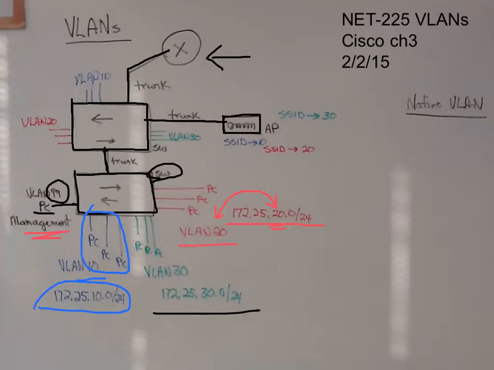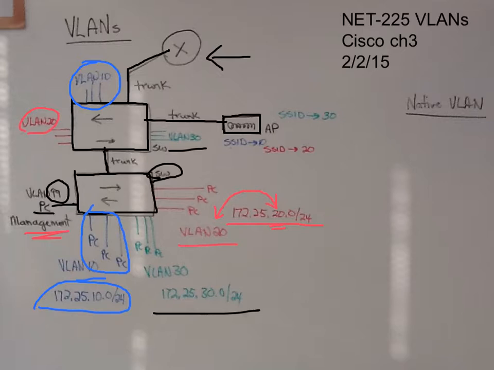And then you will notice that we also put a VLAN 20 up here, and the blue VLAN here, and then also the green VLAN 30 there.